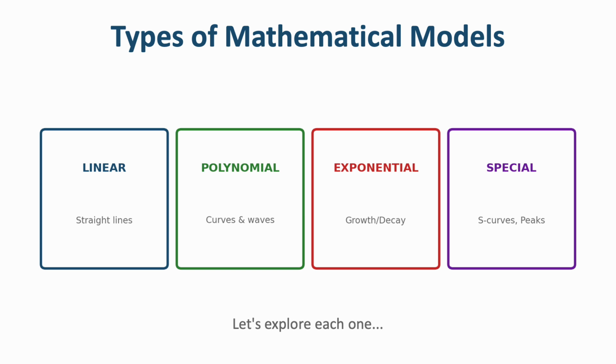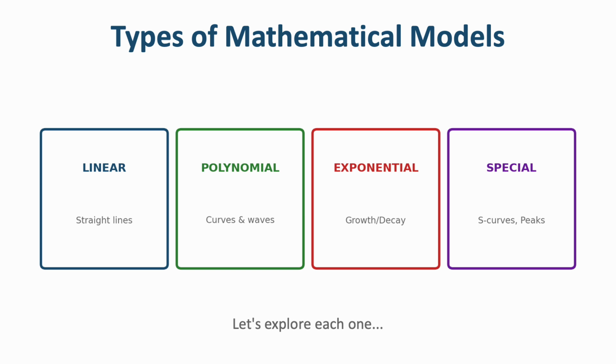So here is a quick overview of the models that we will cover. At this point, don't worry too much about memorizing these, because we will go through each one of them in detail. The first type is the linear, which is used for straight lines.